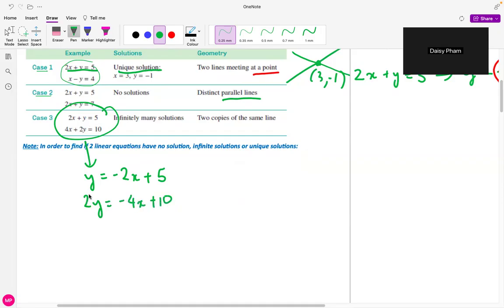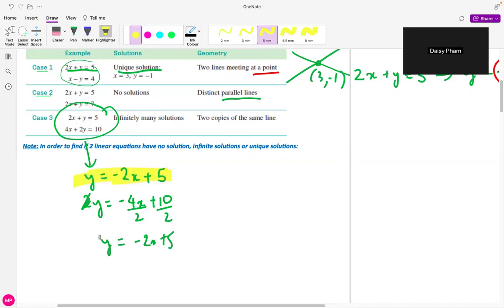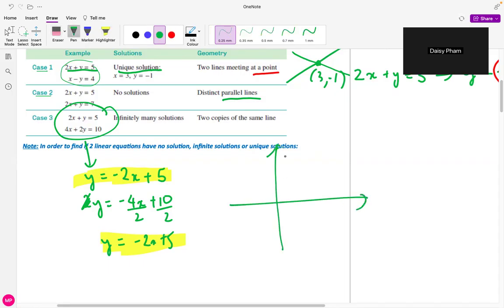Then I divide by 2 on both sides, so I have y equals -2x plus 5. You can see that the first equation is exactly the same as the second equation. So what does that mean on the graph? Technically, they are the same line. Think about the 5 at the y-intercept, with the line going down.